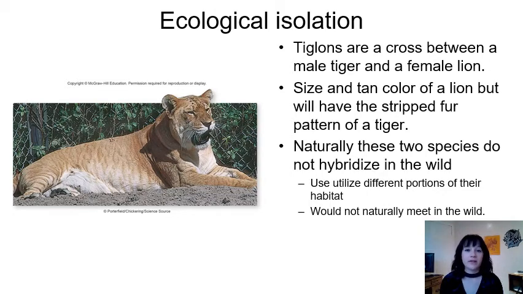They live in completely different areas. They never meet. So even though technically you can make this offspring, this hybrid, say by in vitro fertilization or by putting the two animals together in a zoo, in the wild they would never interact. They're ecologically isolated, and so they're considered two different species.